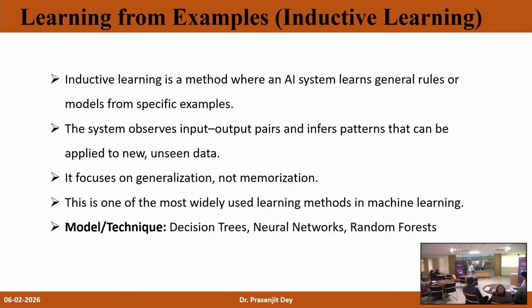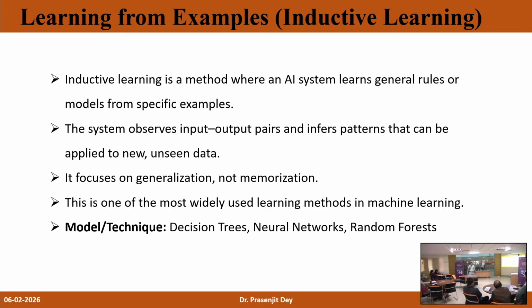In a previous class, in the initial discussion, I was talking about having a set of dependent variable y and independent variable x, and I have a lot of x-y paired values. Now if I give an x value, I need to predict the value of y in case of a regression problem. That can also be called inductive learning.